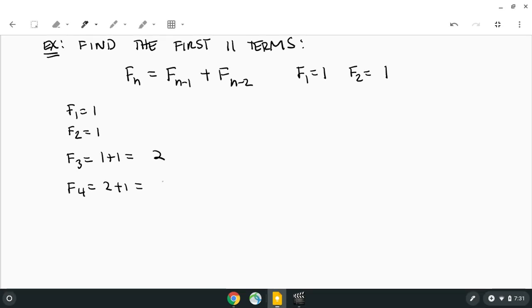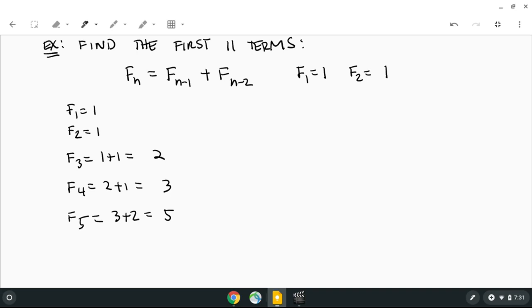F5, add the 2 terms before it, so that's going to be 3 plus 2, and that's going to give us 5. F6, add the 2 terms before it, so that's 5 and 3.